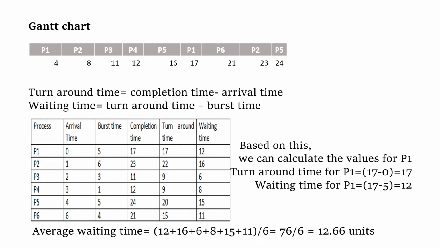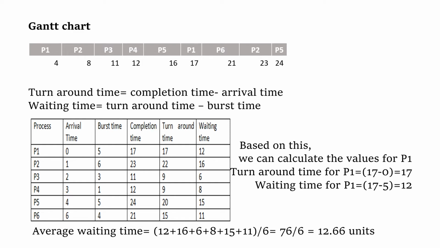That completion time will be 8 milliseconds. Then P3 has a burst time of only 3, so it will complete at the 11th millisecond. Then P4 has only 1 unit of burst time, so it will complete at the 12th millisecond.